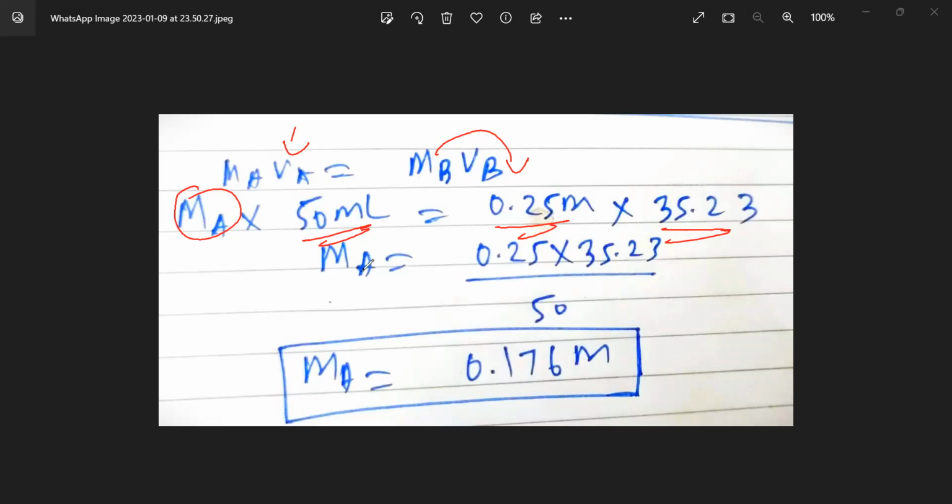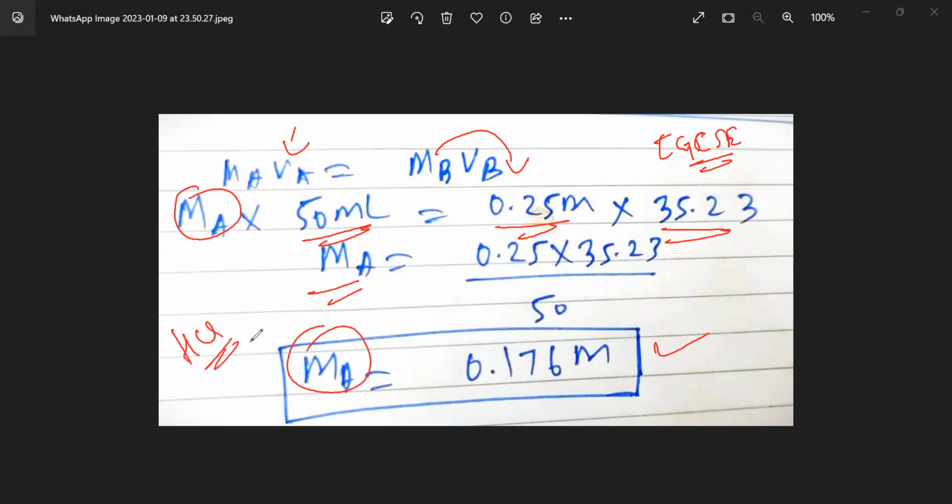So when you put all the values, obviously you will be able to get the value of Ma. That is nothing but 0.176 M. So this is going to be the molarity of acid. Now you need to remember one more thing, that in IGCSE examinations they often ask for the strength also. This is the molarity of acid, and you know that our acid is HCl.